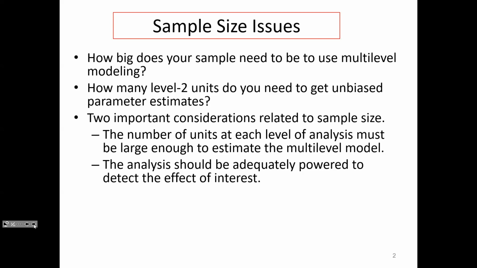Obviously the total minimum is going to be something ridiculous, like you need at least 3 people for a simple linear regression. But would you feel comfortable running a simple linear regression with 3 or 4 or 5 people? Even if it would run, probably not. And there are all kinds of rules of thumb in multiple regression.